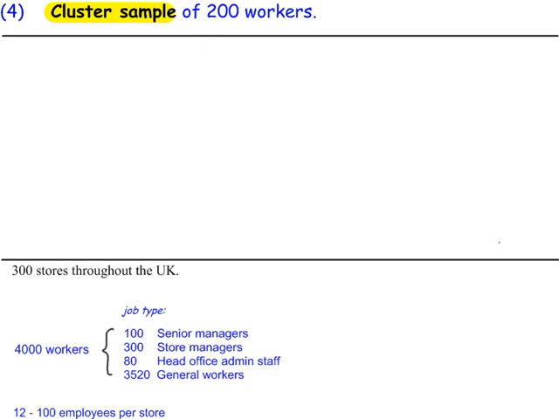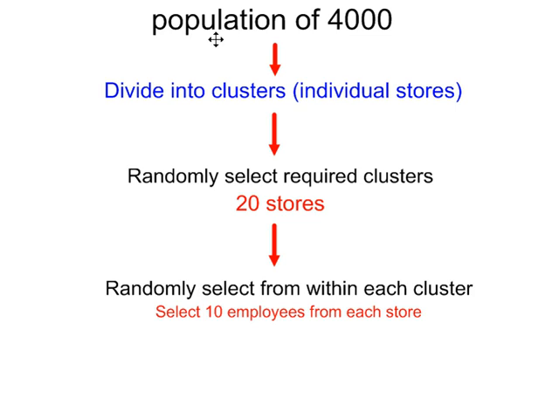Cluster sampling. Our population consists of 4,000 employees who are distributed amongst the individual stores. There are 300 individual stores, so we have 300 clusters, all in different geographical locations.